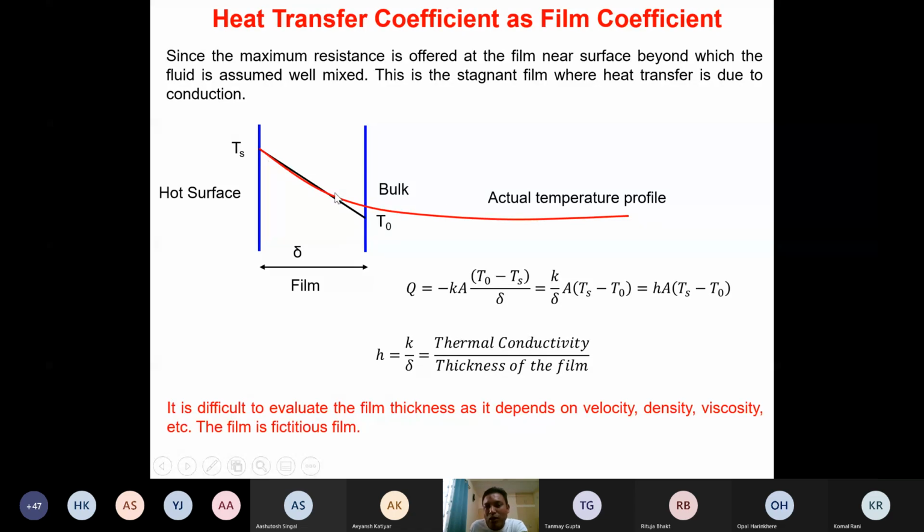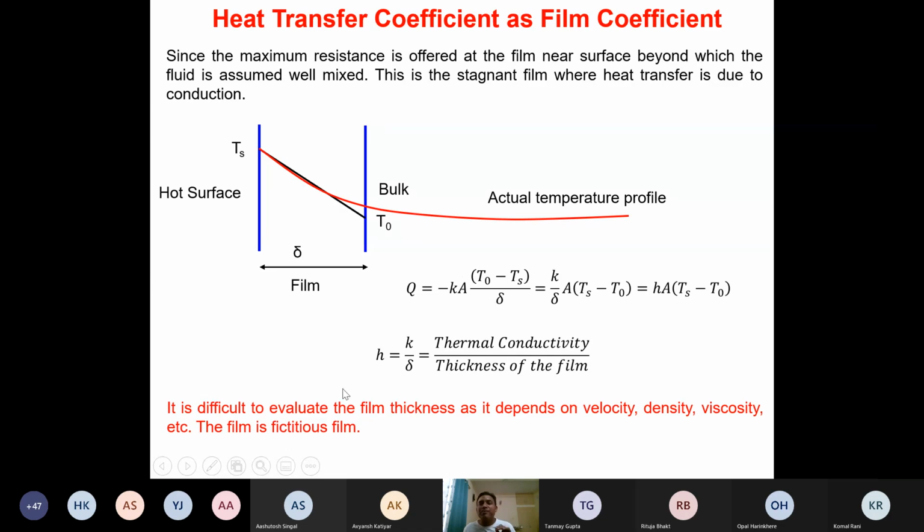So there is a gradual decrease in the temperature. Unlike a linear decrease up to this point, and then the temperature remains almost constant at the bulk temperature T naught. It's not happening, isn't it? The actual temperature profile will be something like what is shown by the red line. Correct. So therefore we are calling this particular film a fictitious film.